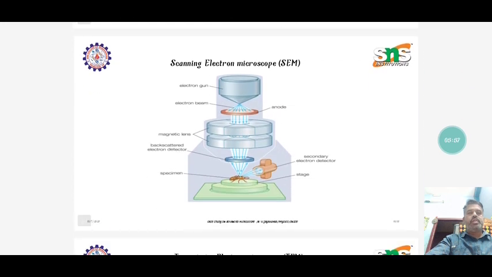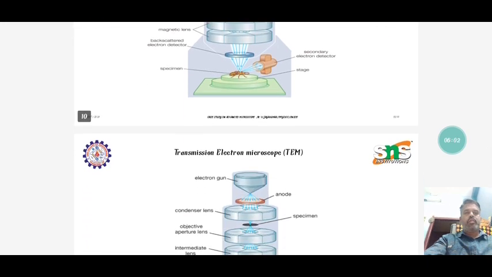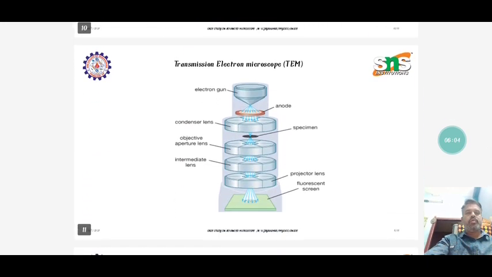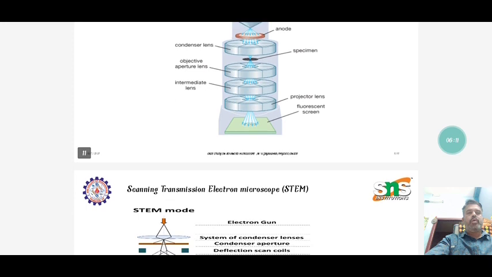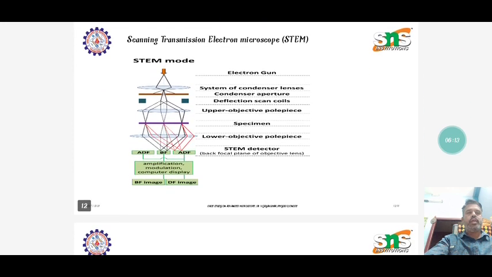Then this is a picture of the scanning electron microscope, and this is the transmission electron microscope. Here primary and secondary electrons are formed. The primary is a narrow beam form that we get only in the electron microscope, but at the advanced level it forms scattering of the electrons. From the scattering of the electrons we get the exact morphology.